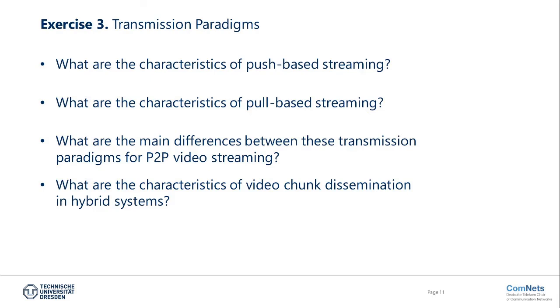First question, characteristics of push-based. For a push-based system, we use the tree topology, and therefore the latency is very low. If we recall, in push-based systems, a video packet is forwarded immediately, as soon as it is received at a parent node, to the child nodes.